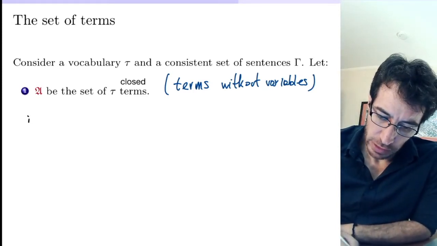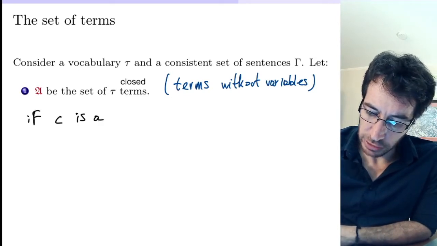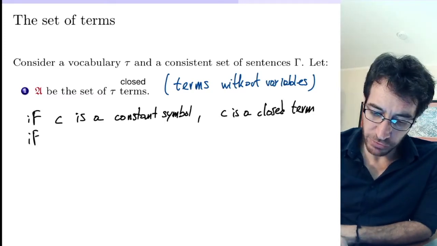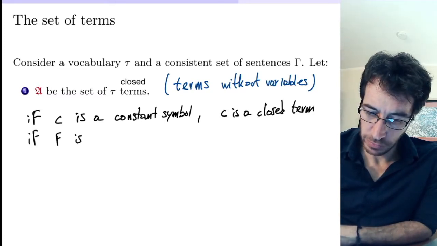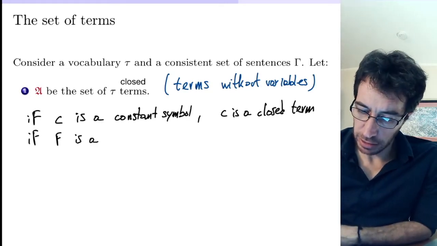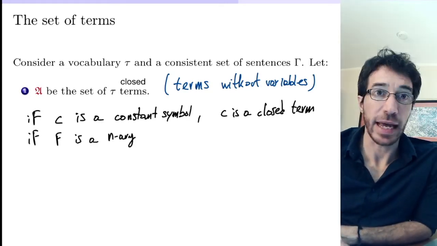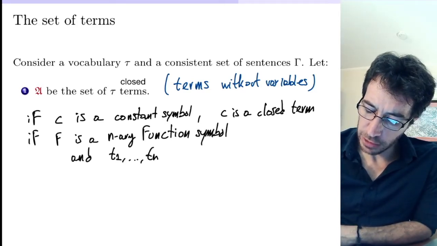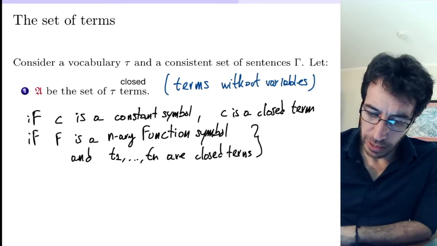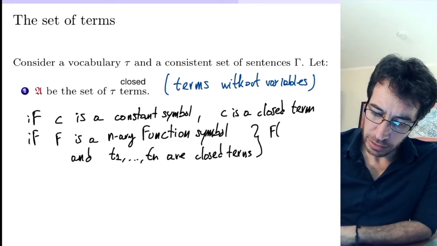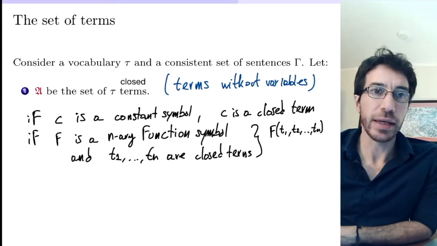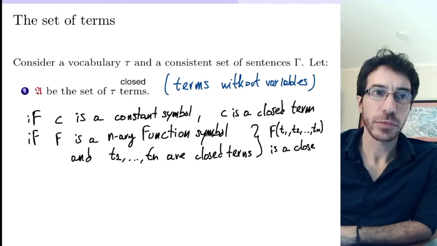So what do we have in this term? If C is a constant symbol, C is a closed term. If F is a function symbol and has some arity, let's say n-ary, remember that means it takes n inputs, and T1 through Tn are closed terms, then F parentheses T1, comma, T2, comma, T3, all the way up to Tn, parentheses, is a closed term.